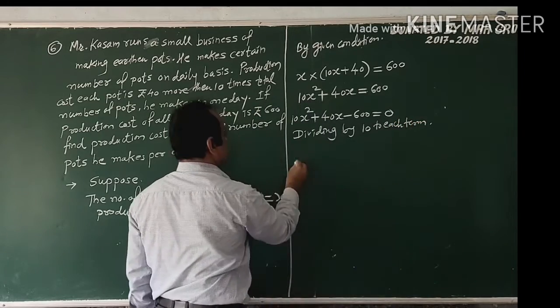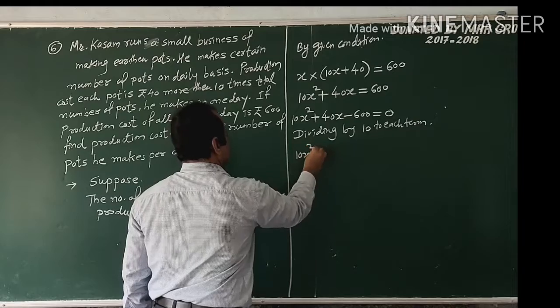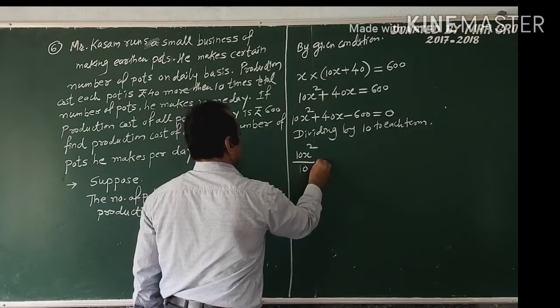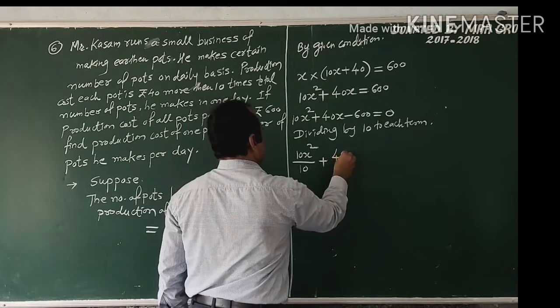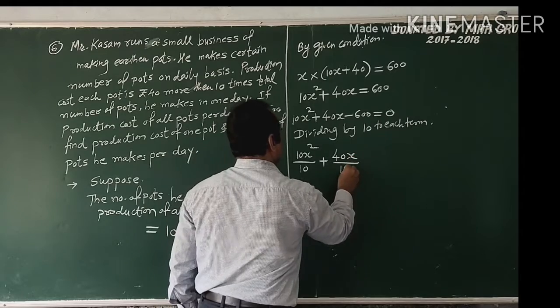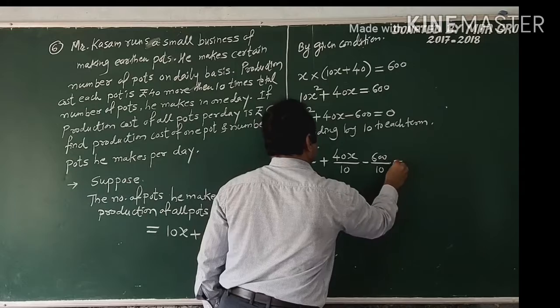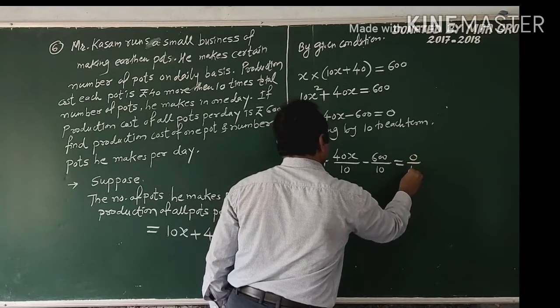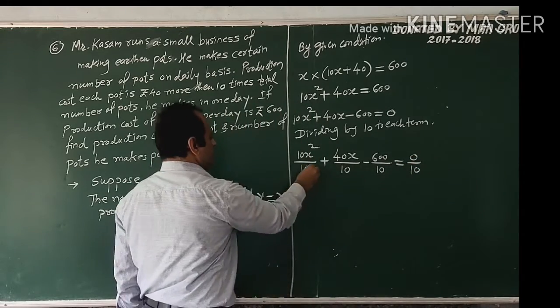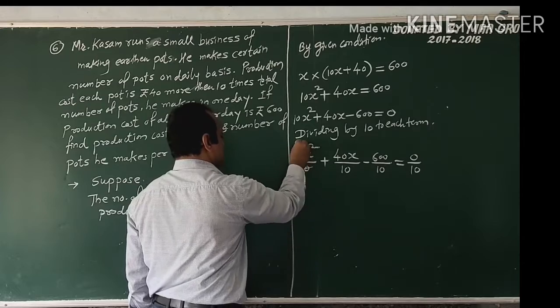What will you get here? First of all, 10x square divided by 10, plus 40x divided by 10, minus 600 divided by 10, is equal to 0 divided by 10. Now 10 ones are 10, 10 ones are 10.